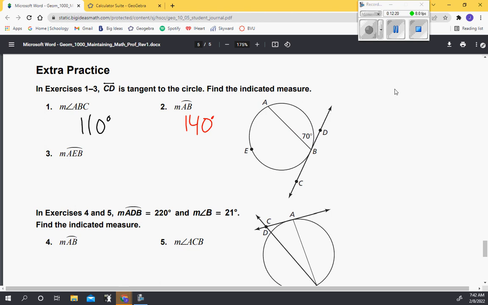The next one, AEB. The arc measure of AEB is the whole arc. Again, a couple different ways to do that. You could take your 110 degrees and multiply it by 2, or you can take 360 and subtract the 140 we found up here. Either way, you will get 220 degrees.